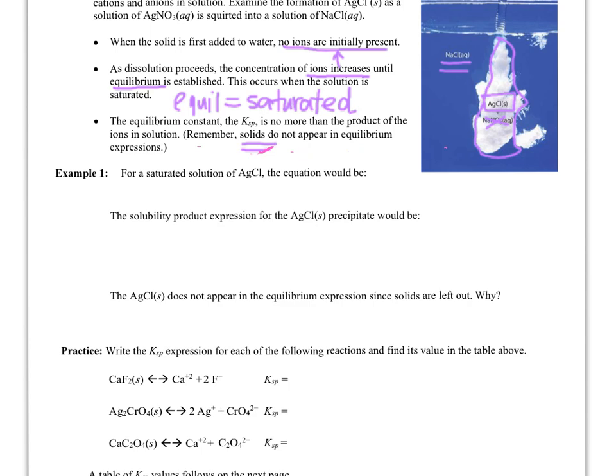Okay, so as we're working through, for a saturated solution, we always are talking about putting the solid in there. So I'm going to put the solid AgCl precipitate in my solution, right? So we make a precipitate, but a little bit of that solid is actually going to dissolve.